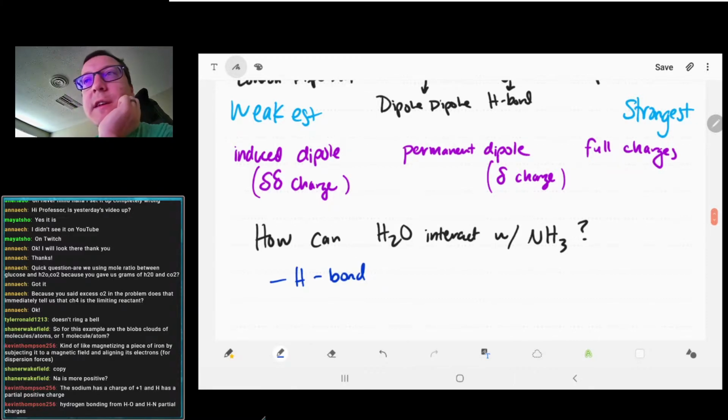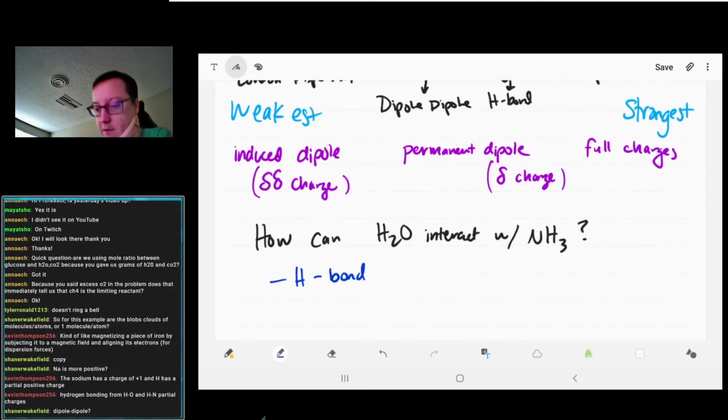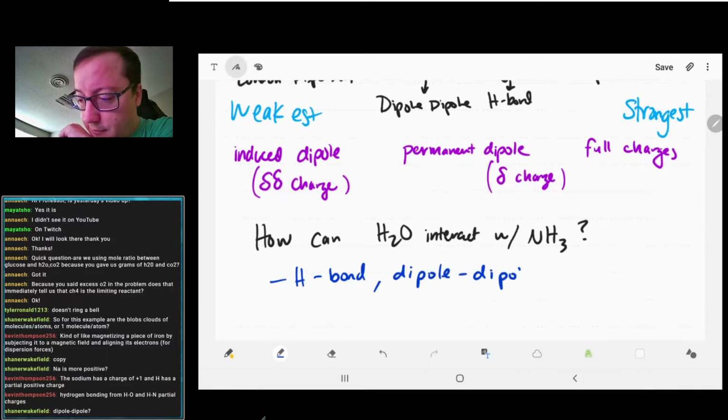What else could it do? Are there electrons in water? Yes, we can also have dipole interactions, because hydrogen bonds are just a special type of dipole interaction.